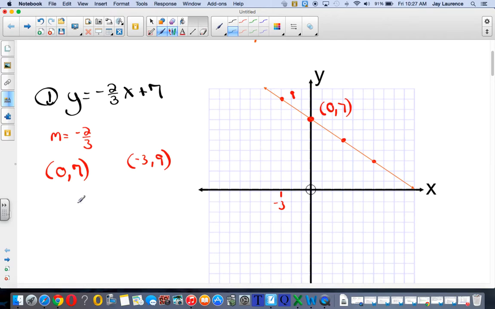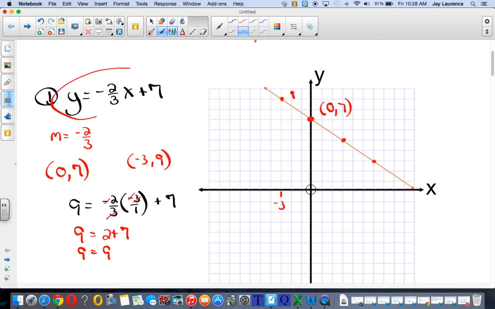If I plug it in, I'm going to get -2/3 times -3 plus 7, and the two negatives will cancel. And so I'll get 9 equals 2 plus 7, which is a true statement. 9 equals 9.